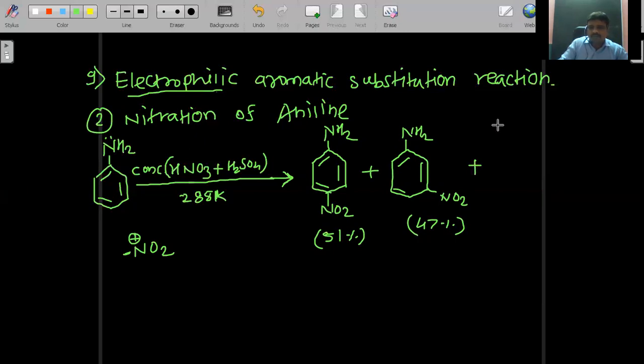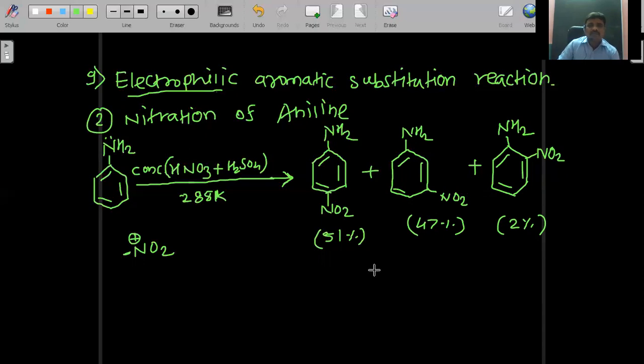Then this is NH2 and NO2, and this product is formed as only 2%. So here a mixture of ortho, meta and para is formed.